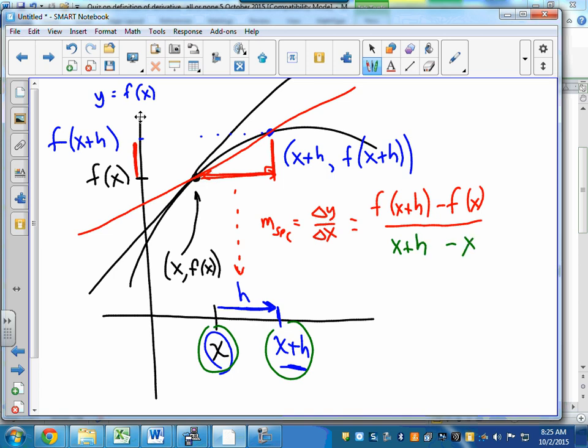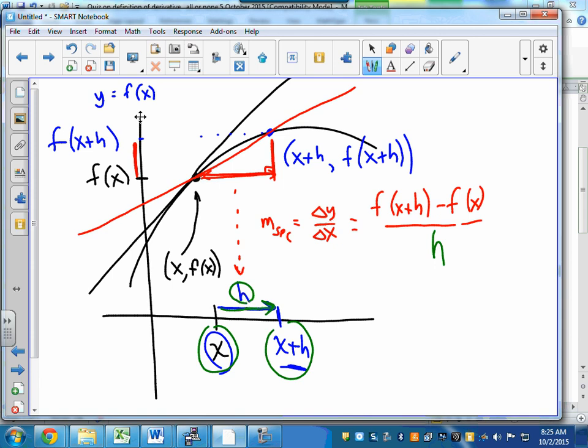But we already noted that this increment is simply h. There's nothing wrong with doing that, but notice that x plus h take away x is going to be h all the time. So if you just want to write h there, that would be fine. That's the slope of the red secant line.